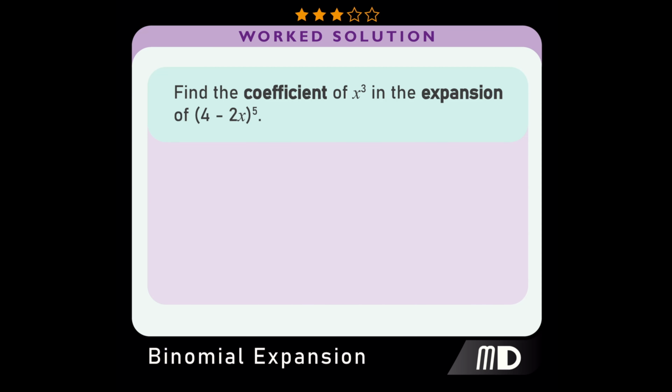First, we need to use Pascal's triangle to identify the coefficients of each term of the expansion. Then, we assign ascending and descending exponents to the terms 4 and minus 2x, before simplifying to find the coefficient of the x cubed term.